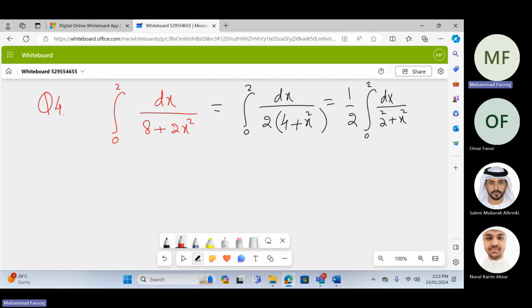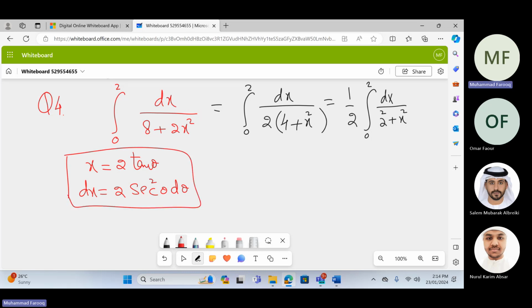A is the constant, right now it is 2. So let x equal a, which is 2, times tan theta. Next, differentiate: dx is equal to 2 times secant squared theta d theta. So this is all substitution.